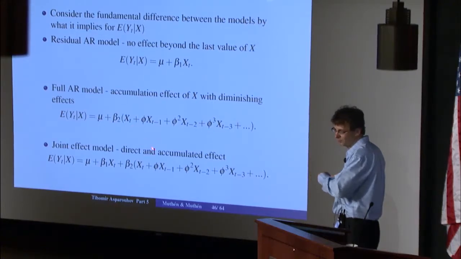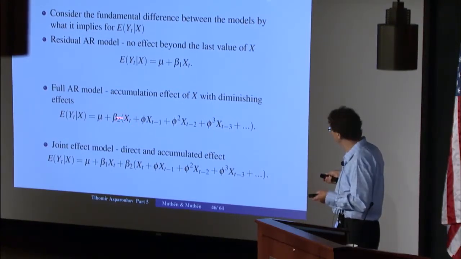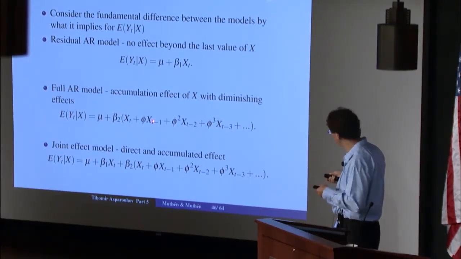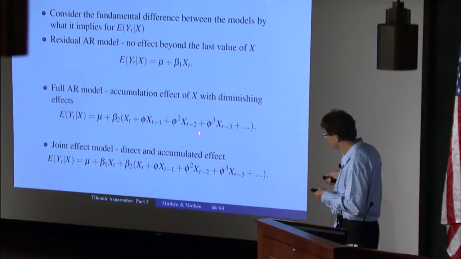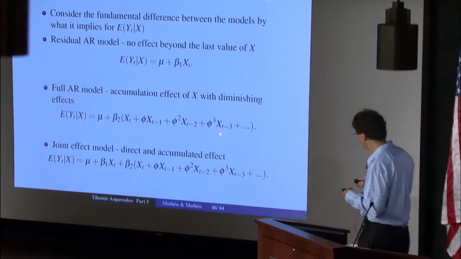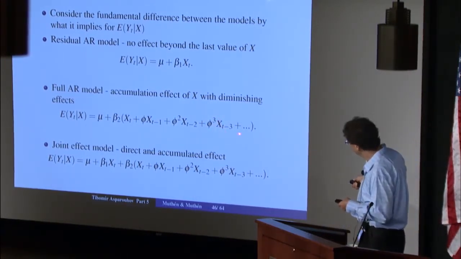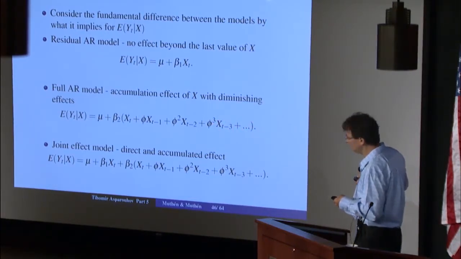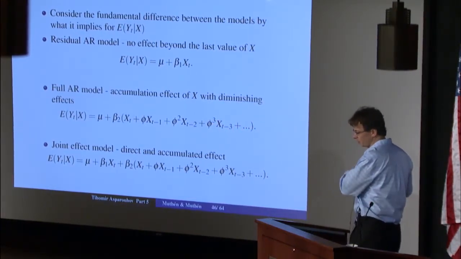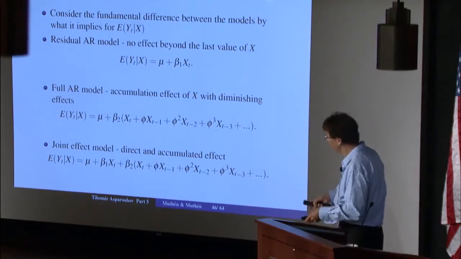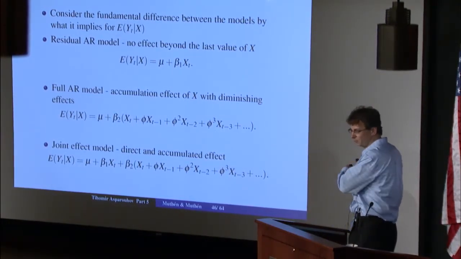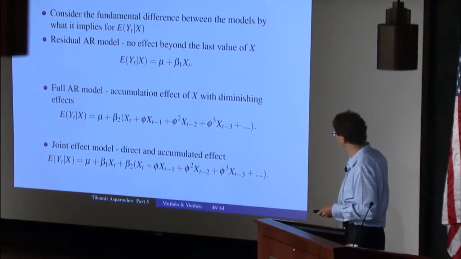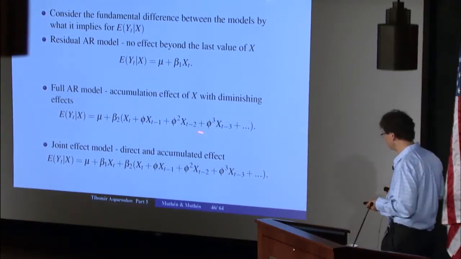Whatever happened in the previous period also affects the expected value of this period, and so on. Because the autoregressive parameter is smaller than 1 and is raised to a power, this converges to 0, so the covariate values from previous periods have a diminishing effect on the current period. However, this is an accumulated effect.